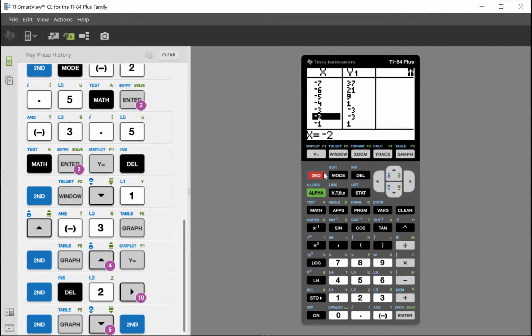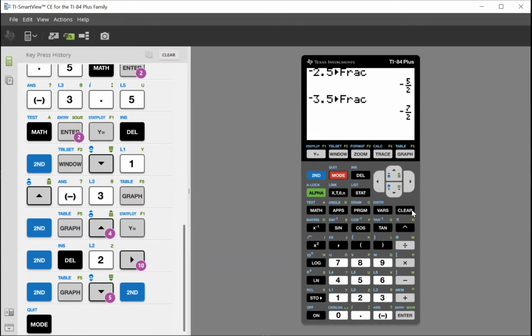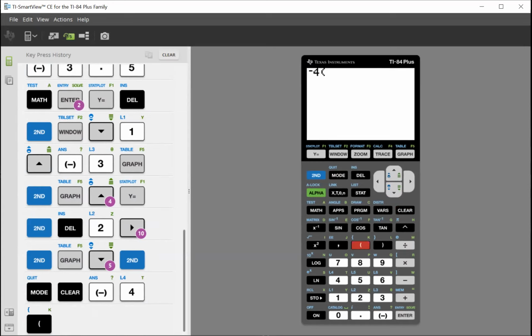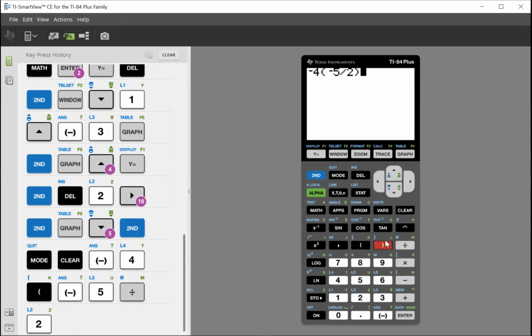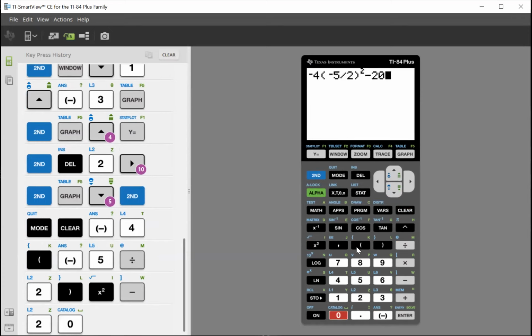So let me quit this screen. So I got negative 4 times negative 5/2 squared, minus 20 times my negative 5/2.